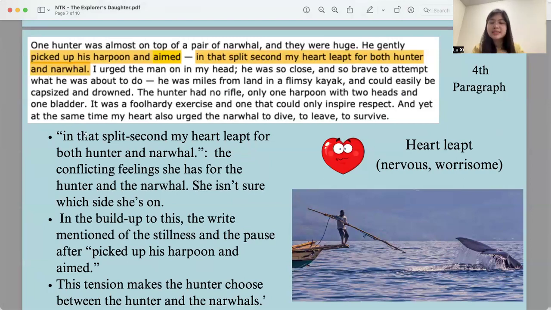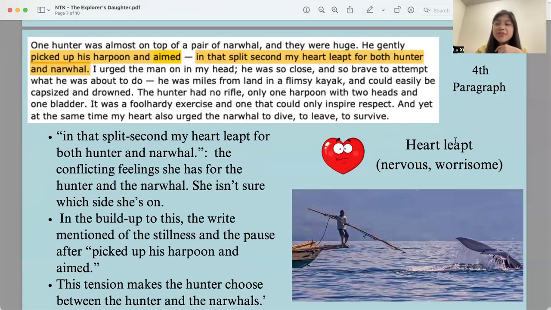So in the split second, in that short moment, my heart leapt for both hunter and narwhal. What is the meaning of heart leapt? So leap, leapt, leapt. Leap is basically this movement. You jump from one area to another. So basically your heart jumped very sharply and abruptly.